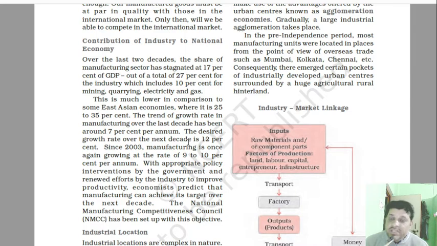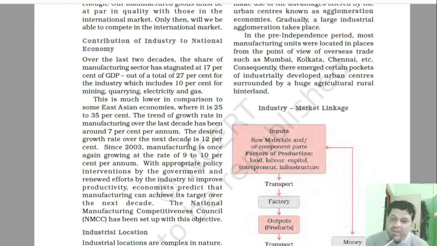So the industrial sector's share in GDP has been only around 27%, in which manufacturing has only 17% and 10% belongs to mining, quarrying, electricity, and gas. That is also called industry. So manufacturing has had a 17% portion in the GDP in the last 20 years.